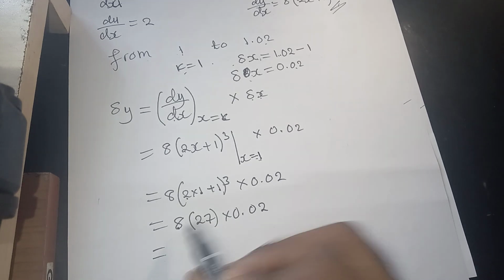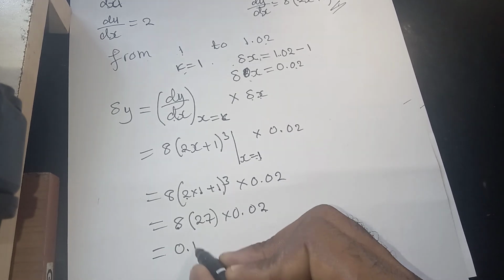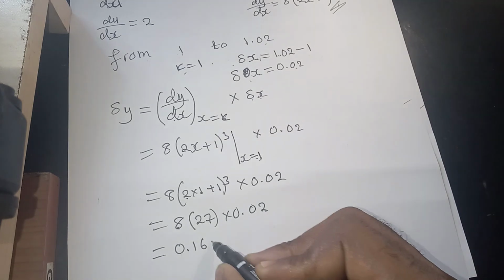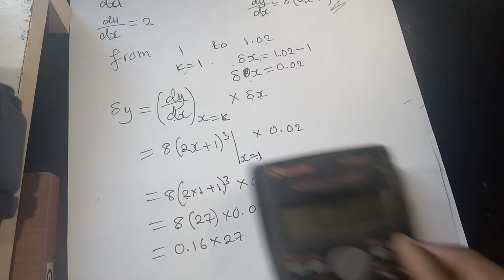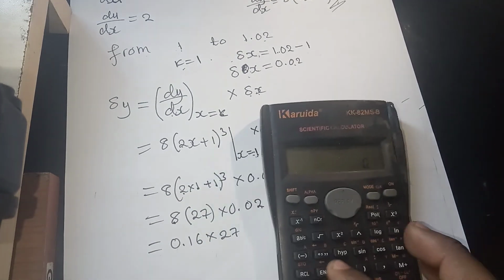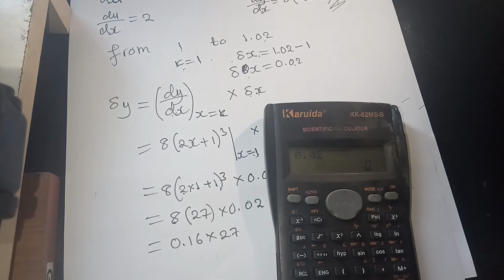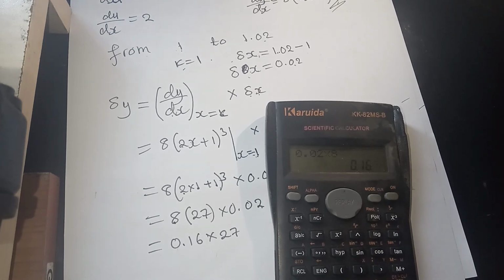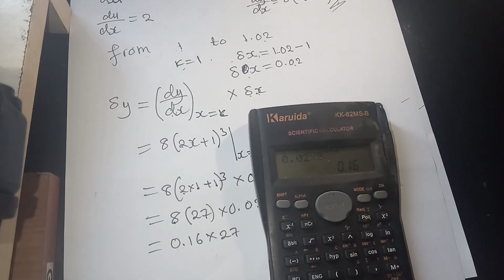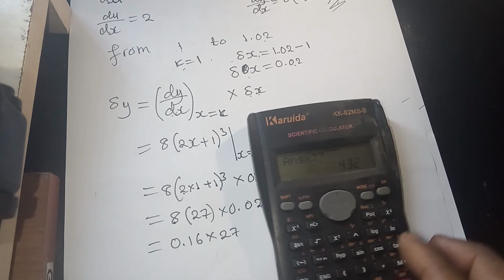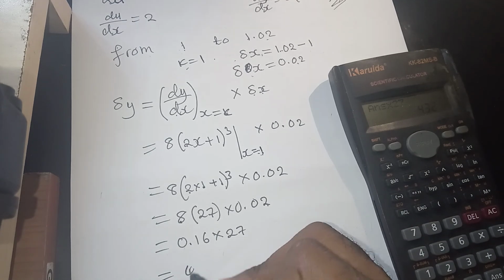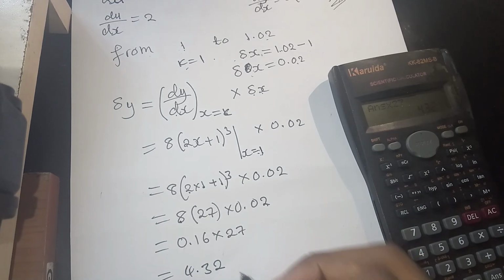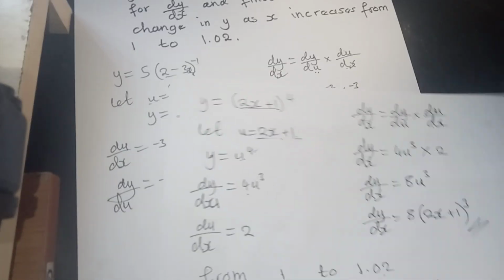Then when we multiply this by this, I think we get something like 0.08 multiplied by 27. Let me just verify that. We have 0.01 multiplied by 8. Yeah, that's 0.08, and then multiplied by 27. So the small change in y will be 2.16. And you are done. You have answered the second part of the question.